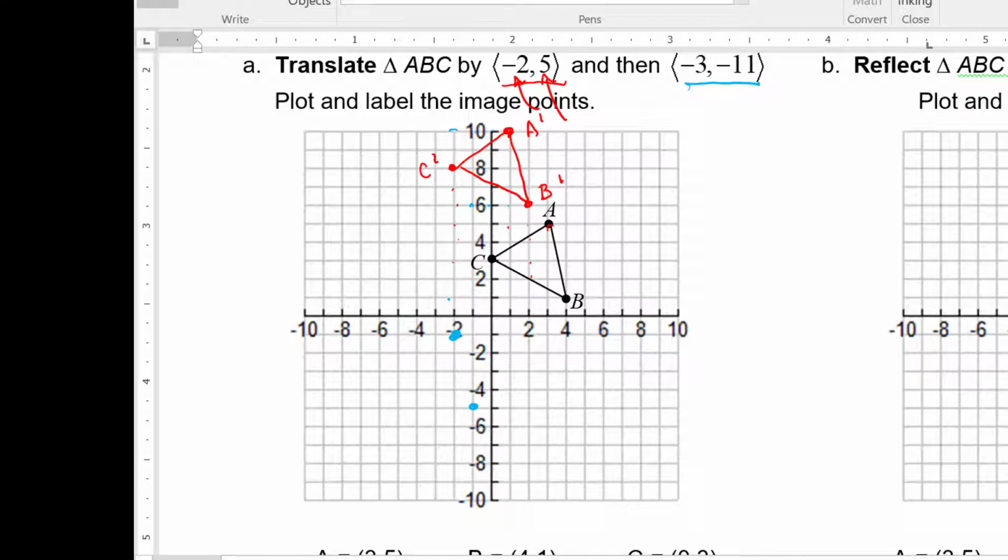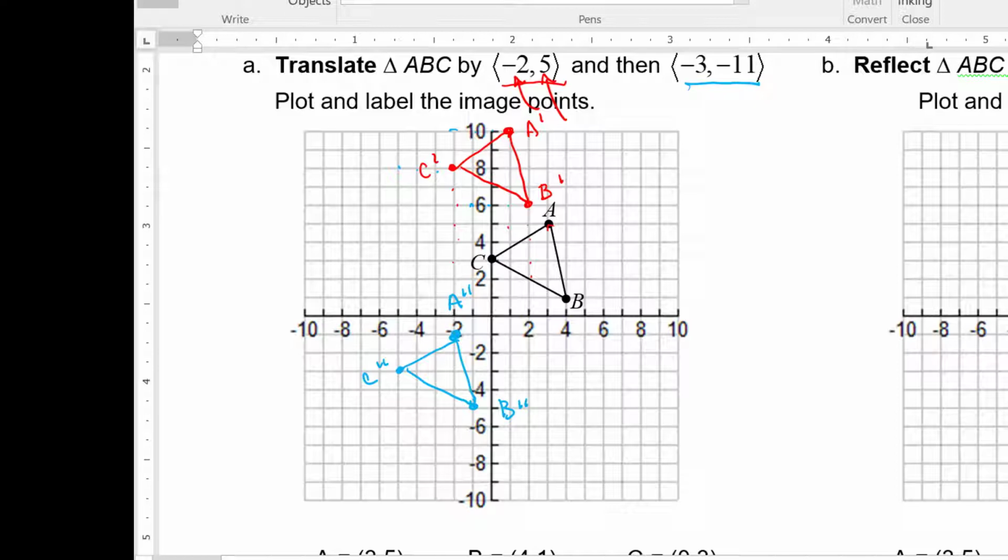That's my A double prime. This one is my B double prime. And my C, I'm going to go 2, 1, 2, 3, and then down 11. So there's my C double prime, and there's my final figure after doing 2 translations.